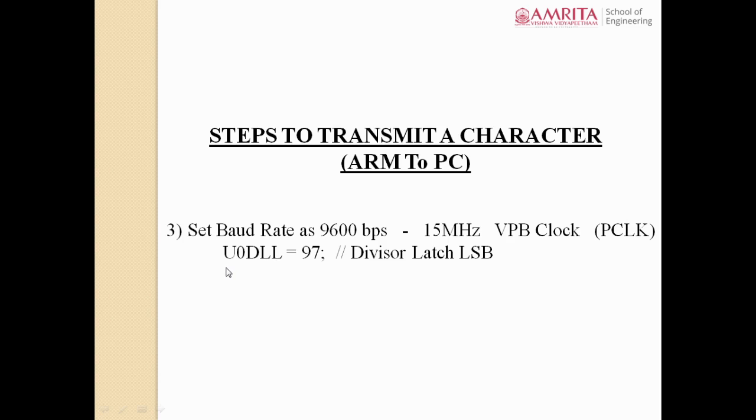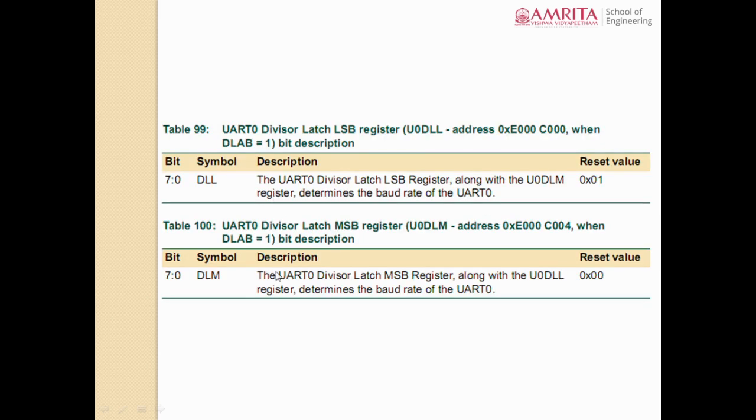Similarly, you have one more register known as U0DLM, divisor latch MSB. By configuring these two registers, you can configure the baud rate of the UART. My aim is to configure the UART with a 9600 baud rate.